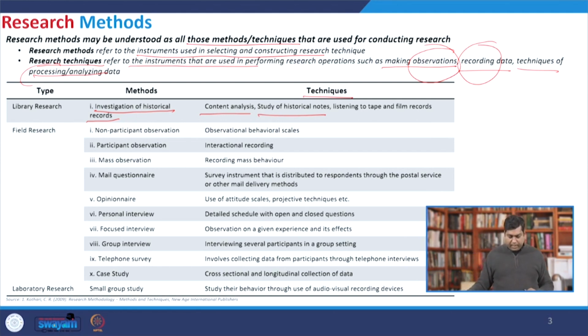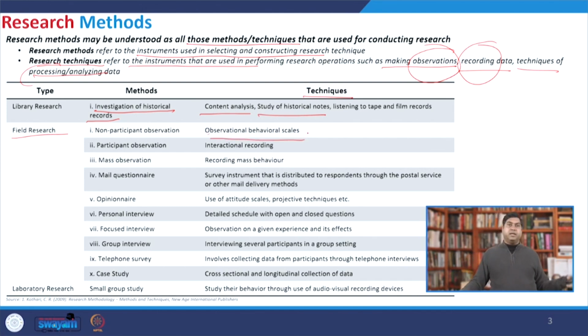The next thing is much more of a primary data collection. If the method is non-participant observation, here we are not going to do a survey, we just observe and make a count or make certain observations. So the technique is an observational behavioral scale.